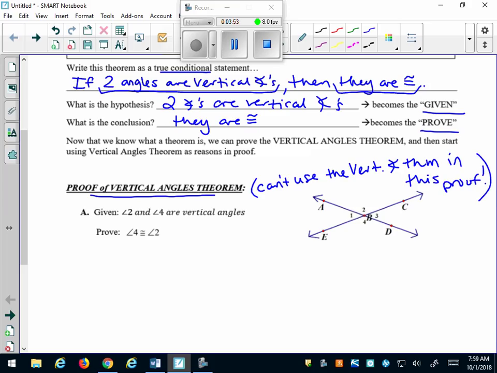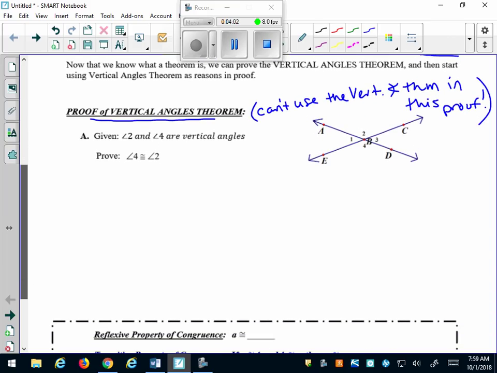So you can't assume it's already true and use it to try to prove it. That's the rule that you have to remember when you're proving a theorem: you can't use that particular theorem as any reason in the proof. You have to use other reasons.